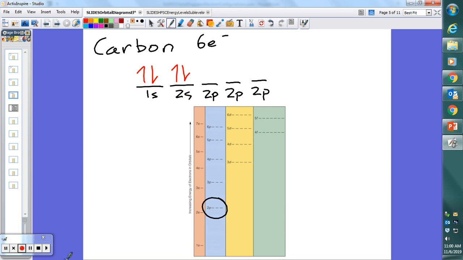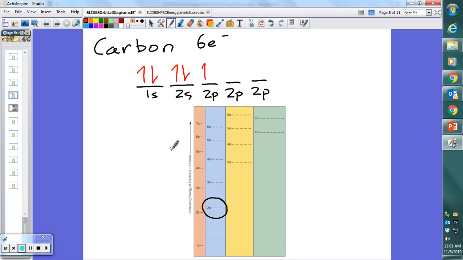Okay? Now, here's where the right or wrong comes in. We have 2 electrons left to place. I'm going to put electron number 5 here. Is that orbital full?